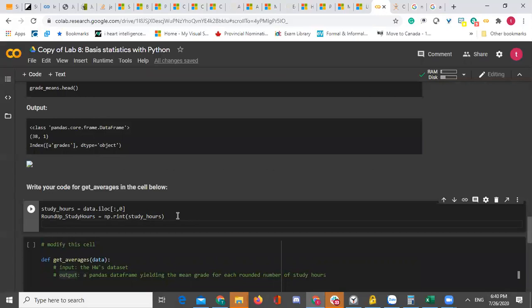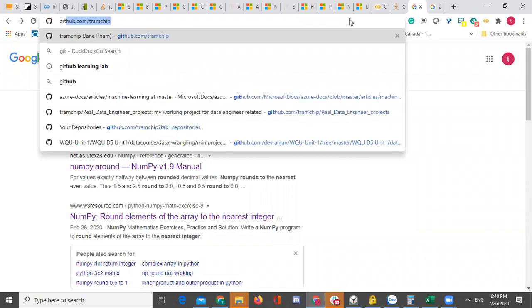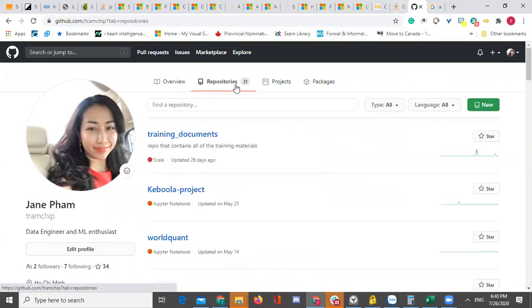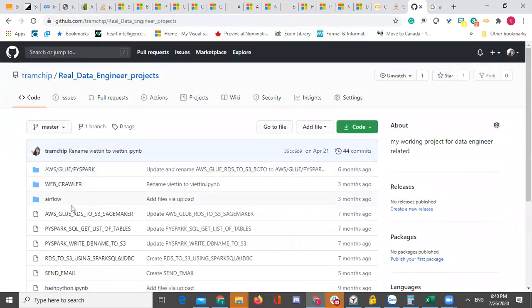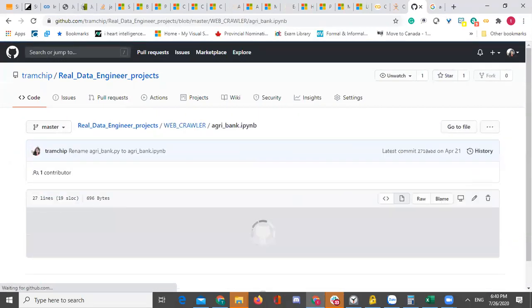Okay, so let's append this. Oh, let's see. Oh, I have the example that I did a while ago. I have something like that. Let's see. Yeah, it's been a while.